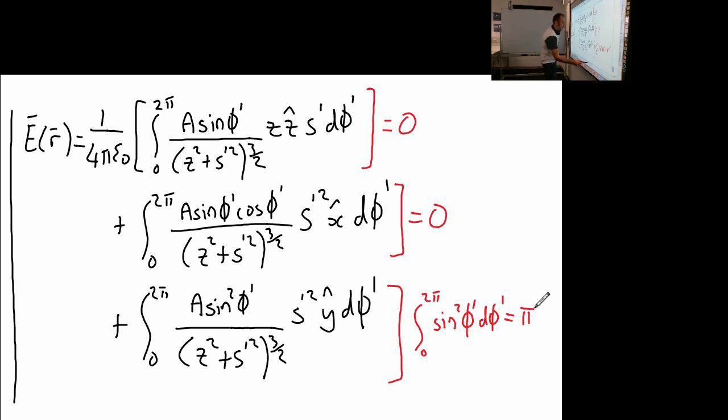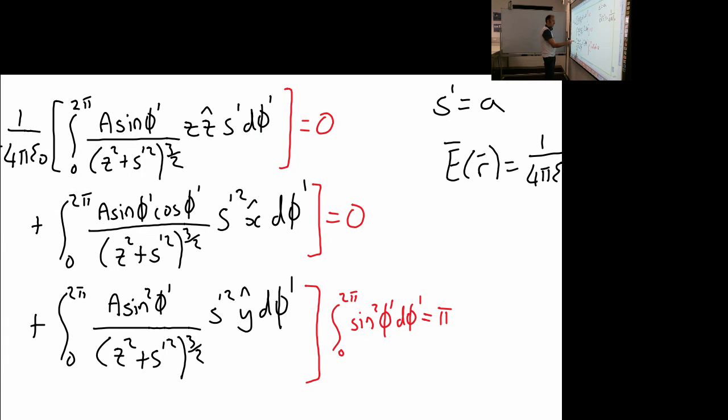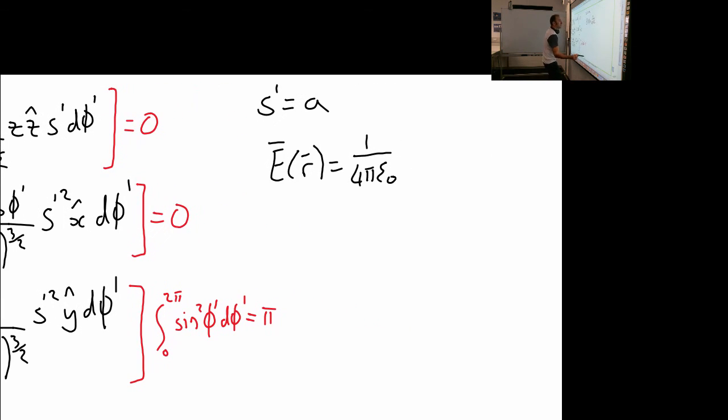And now we can just write out our final solution. Also note that s prime is equal to our radius a. So now our electric field is 1 over 4 pi epsilon naught, by A, pi a squared.